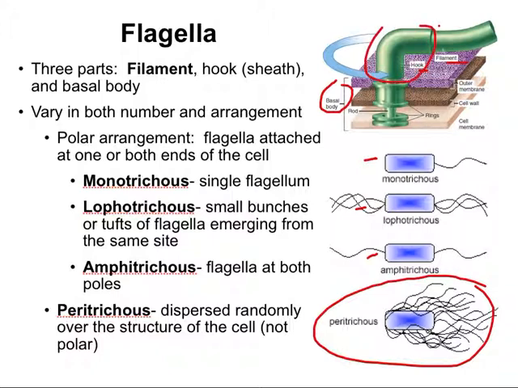And that tubular hook descends through the cell wall, through the outer cell membrane, and is embedded in the inner cell membrane. In this arrangement, it has the capacity to rotate in a 360-degree range of motion. And in most species, it can go counterclockwise as well as clockwise. We'll see how that works here shortly.